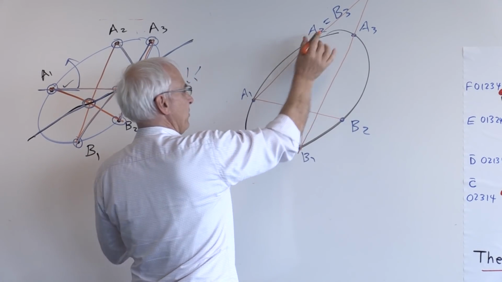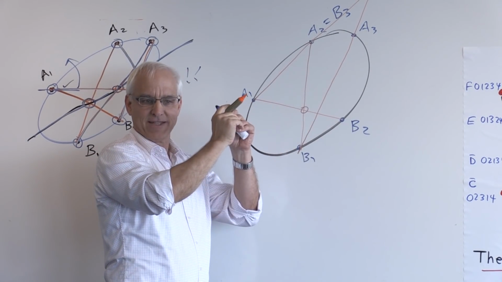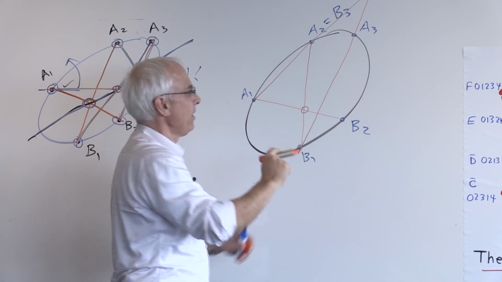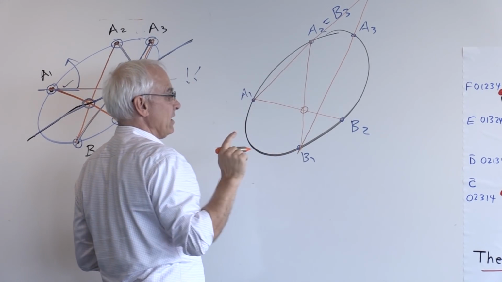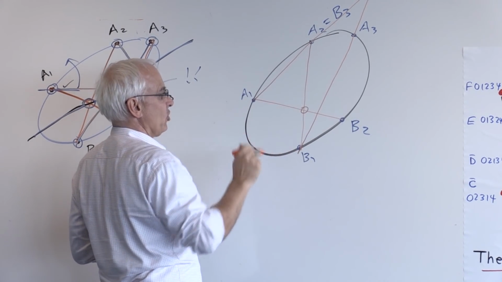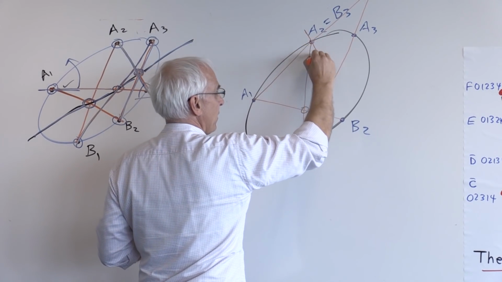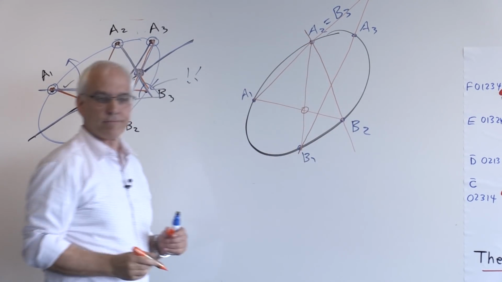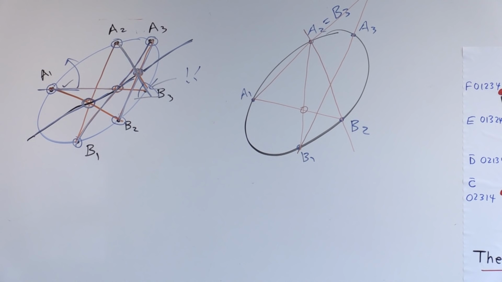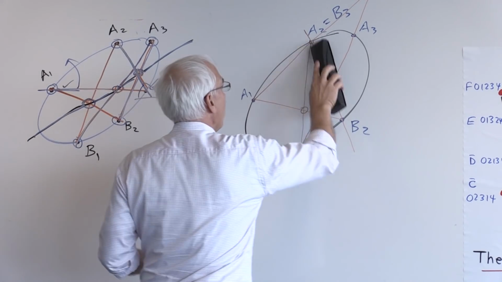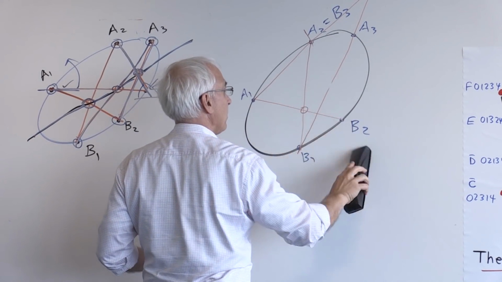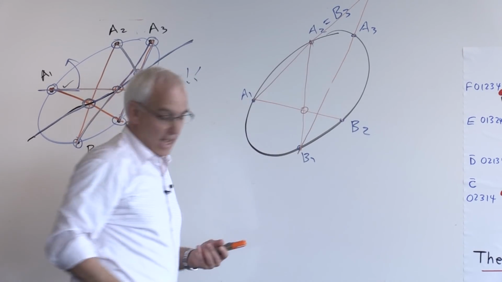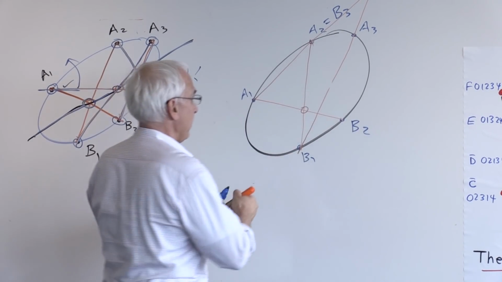A2, B3 we don't know because those 2 points are the same. We don't know that one. But A2, B2 and A3, B2 we know. Oh, that's A2, B2, you're right. Thank you. Let's get rid of that one. I said A3, B2, we need this line here.